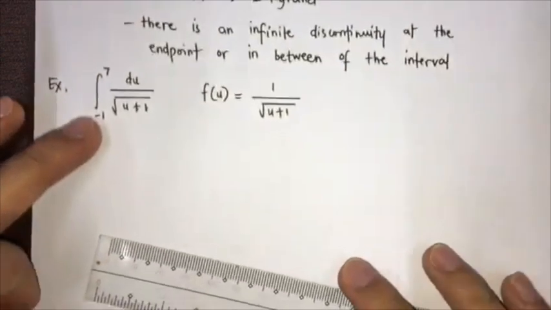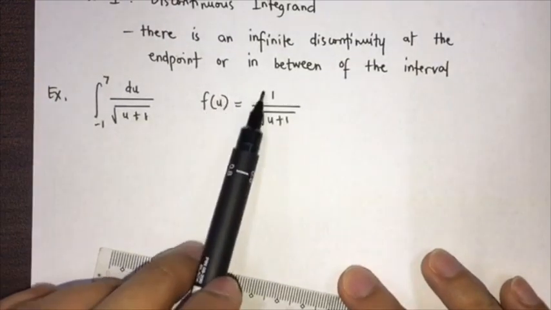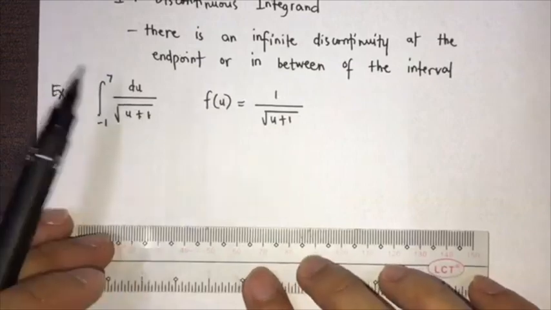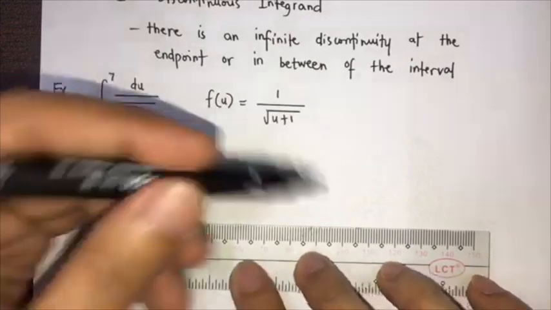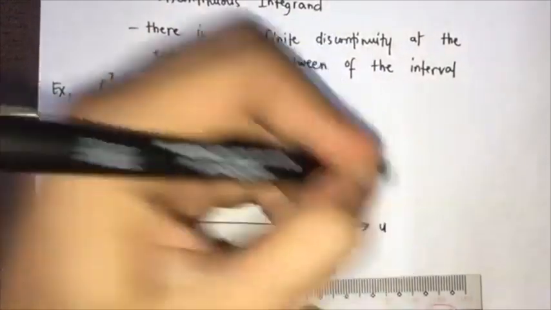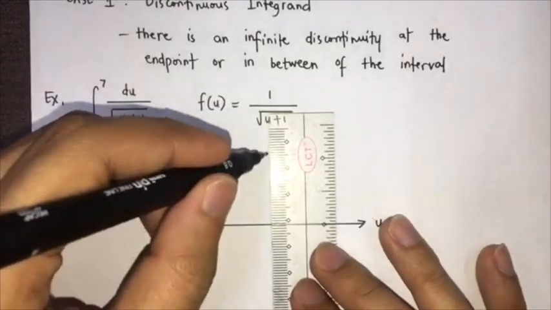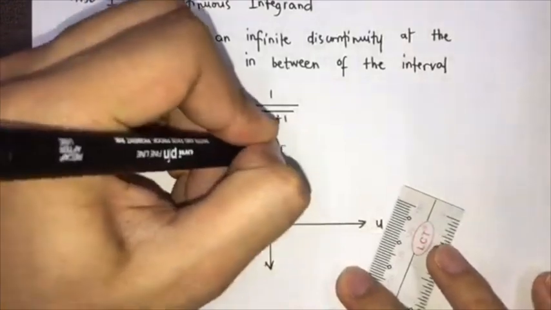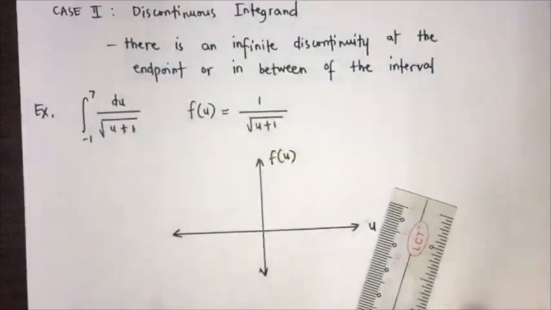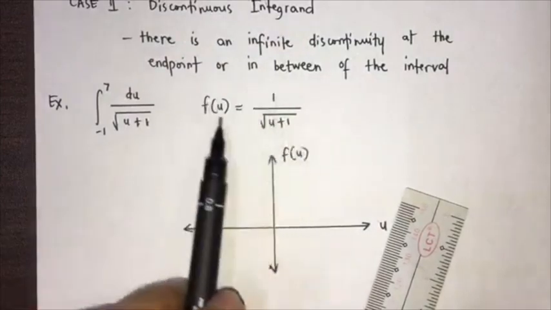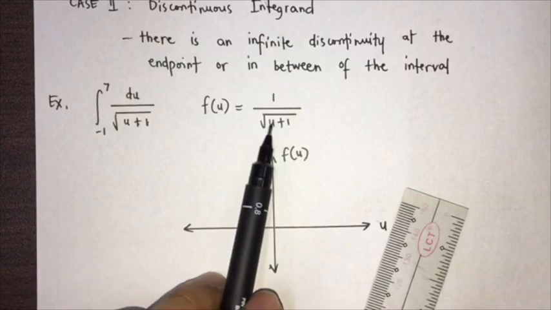If you graph the function of u as 1 over square root of u plus 1, say this is our u axis, and this is our f of u. Getting the domain of this function, u should be greater than negative 1.